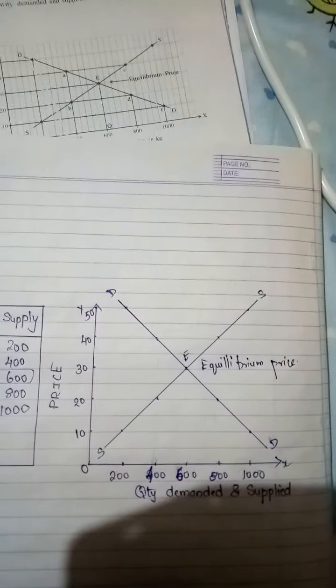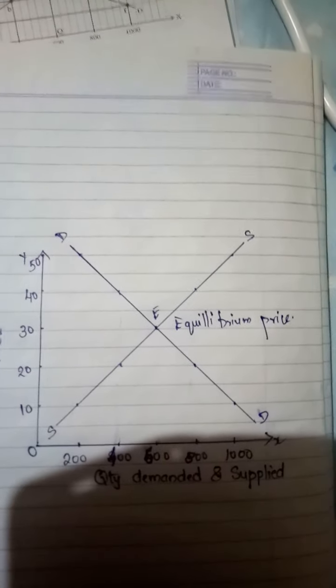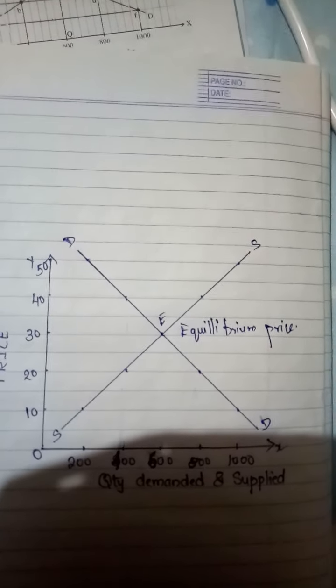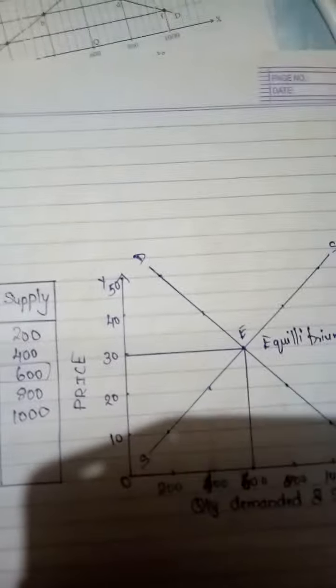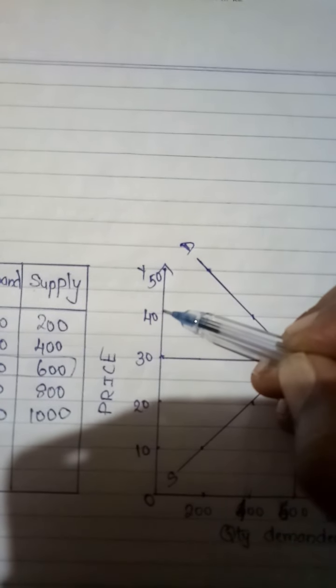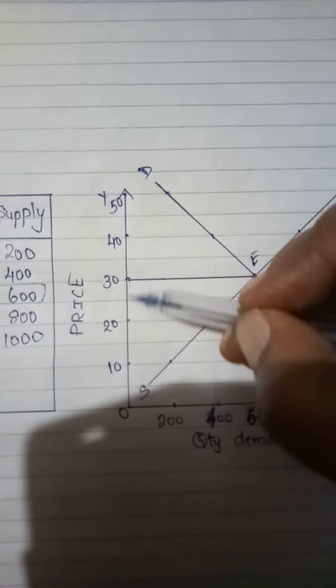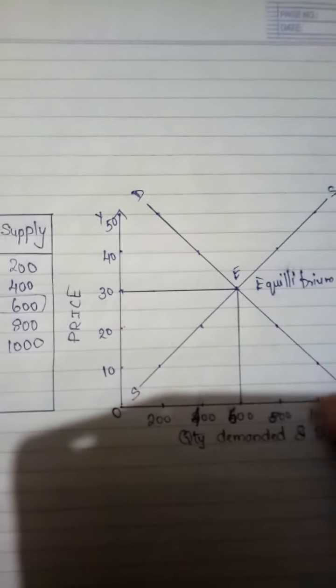Okay, now we are going to see what will happen if the price changes or moves from this equilibrium position. What will happen if the price moves from 30 to 40? Okay, and what will happen if the price moves from 30 to 20? Let us see.